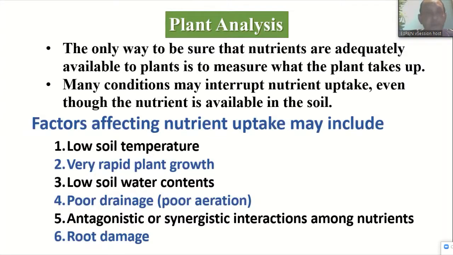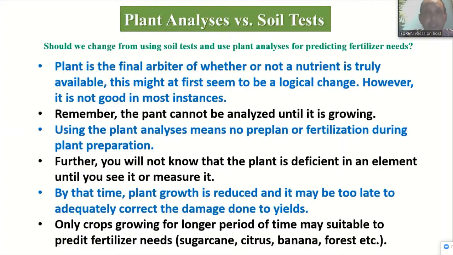So this is one technique, and now there is another. We have soil test and plant analysis. Among these two, which one is better? If we want to make a comparison between these two, how can we conclude?